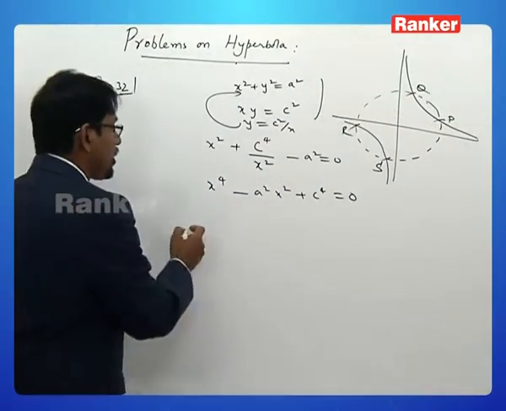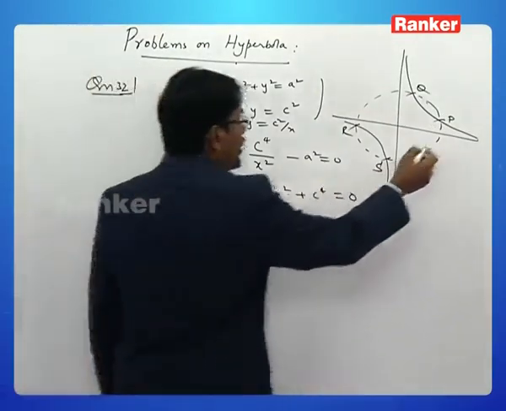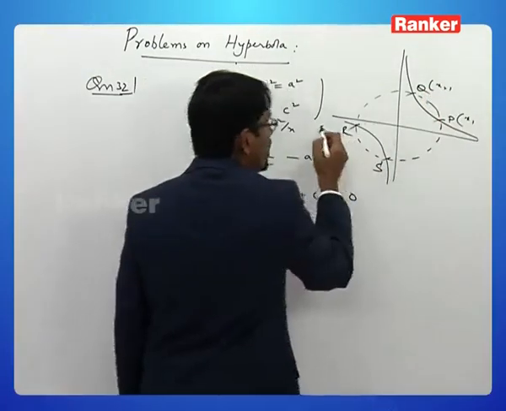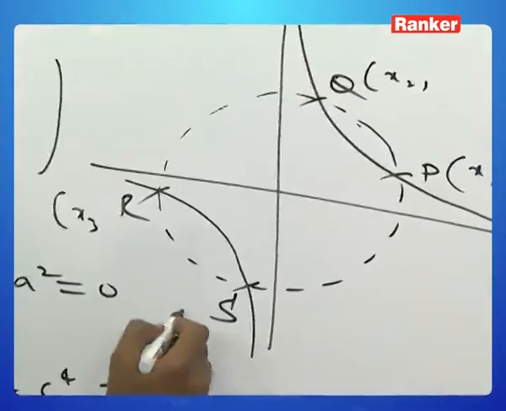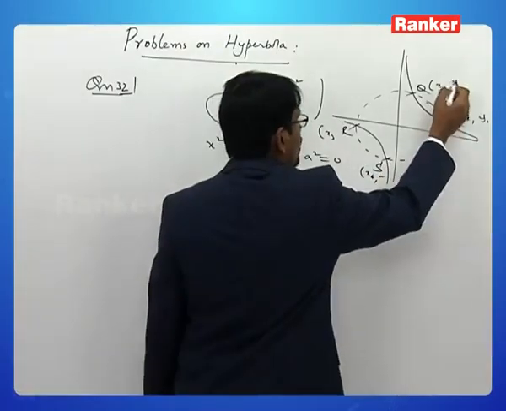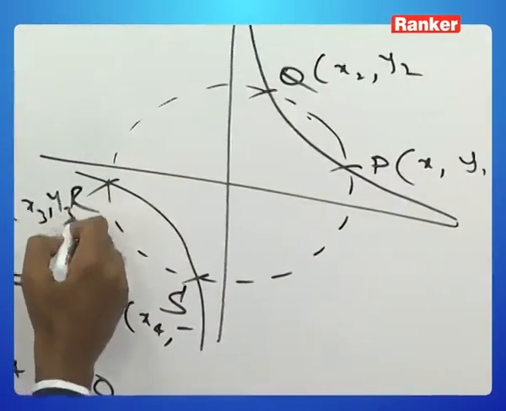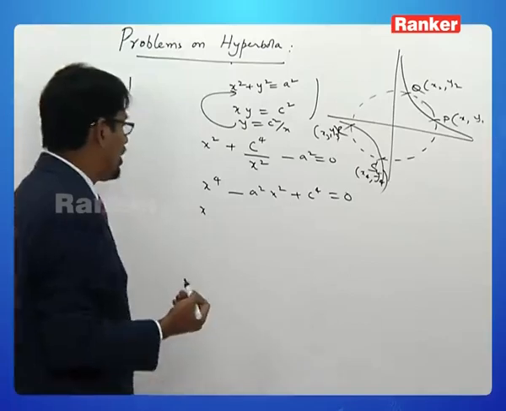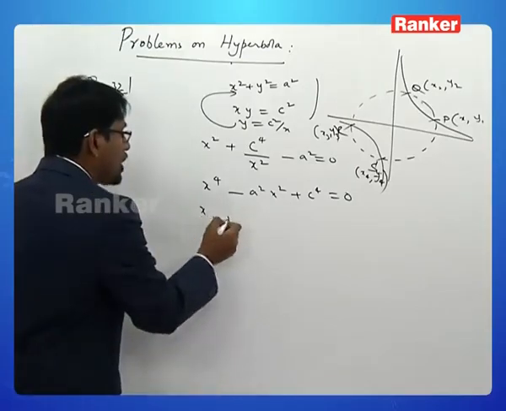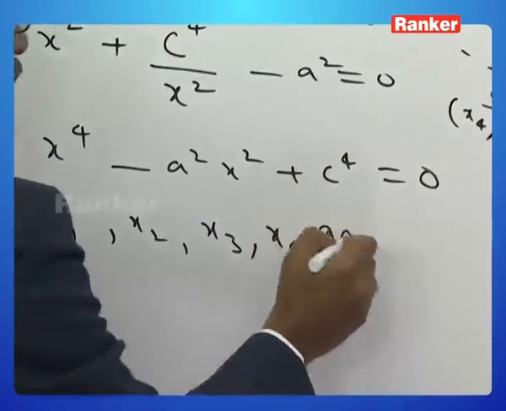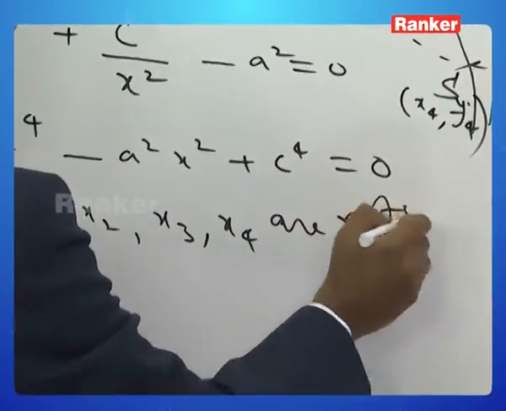Now from here, let us say the x coordinates of these are x1, x2, x3 and x4 here. The y coordinates are y1, y2, y3, y4. Okay, so very clearly x1, x2, x3, x4 would have been the roots of this equation.